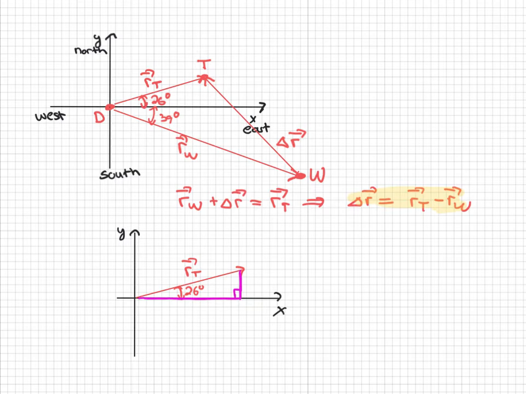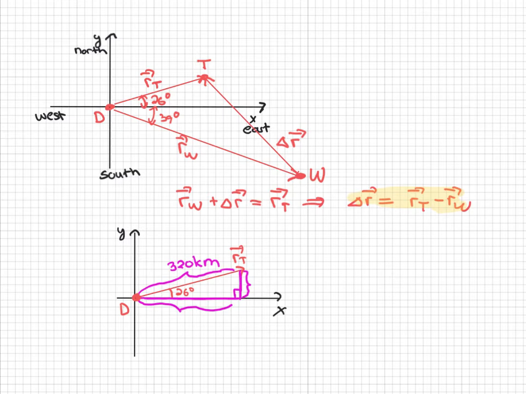To find the x and y components of r_T, I really want to find the lengths of the two perpendicular sides of this purple right triangle here. To find these lengths, we have to remember that Toronto lies a distance 320 kilometers from the origin of our coordinate system, which you recall was the city of Detroit.